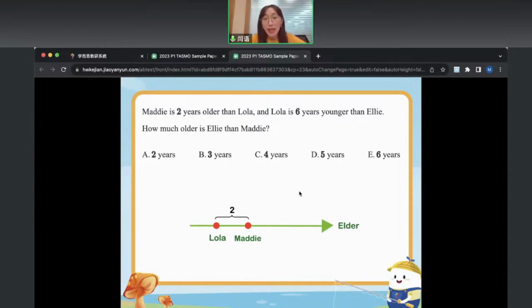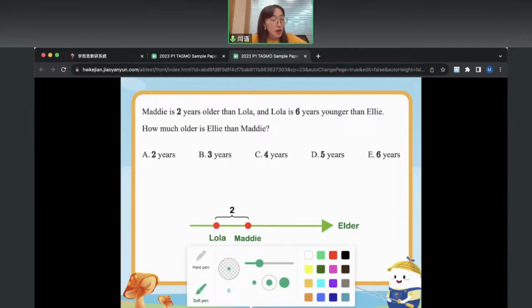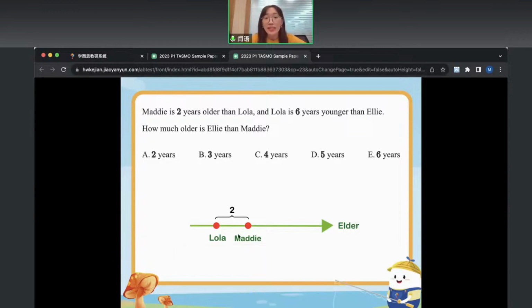So where is Ellie? OK，我们现在需要想的就是接下来我们要去画 Ellie 的位置，但是问题来了，Ellie 在哪里？根据第二句话，我们知道，OK，Lola 她比 Ellie 要年轻，那我可以把它画在这个中间吗？Can we just draw it in the middle? Yes or no? Can we just draw it in the middle? No, okay? Why?